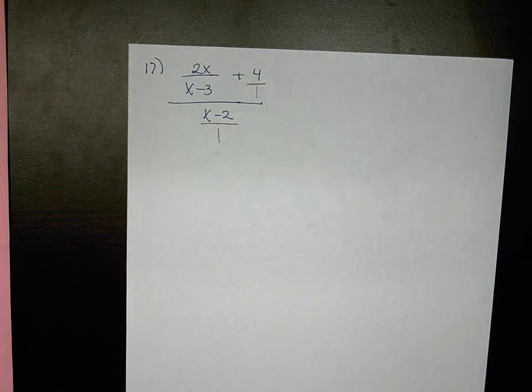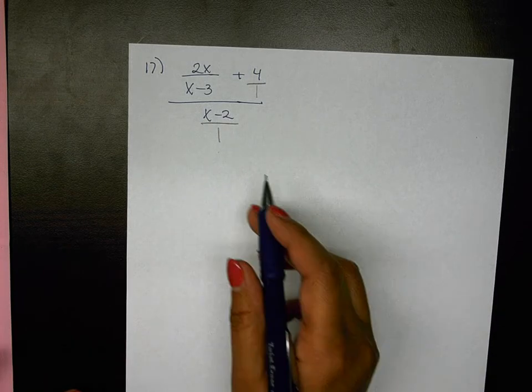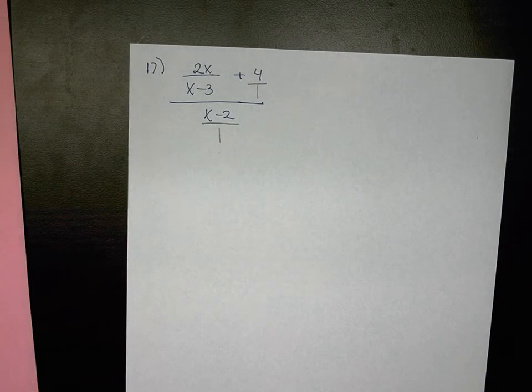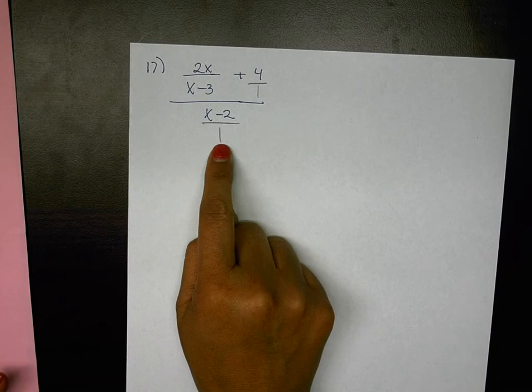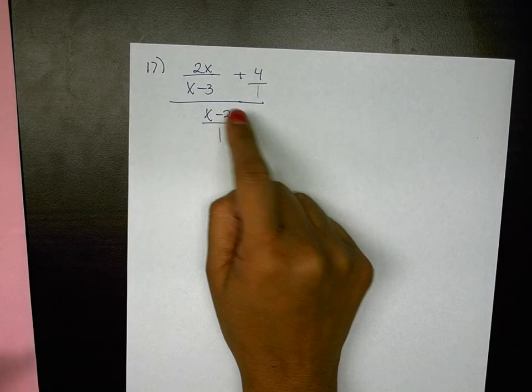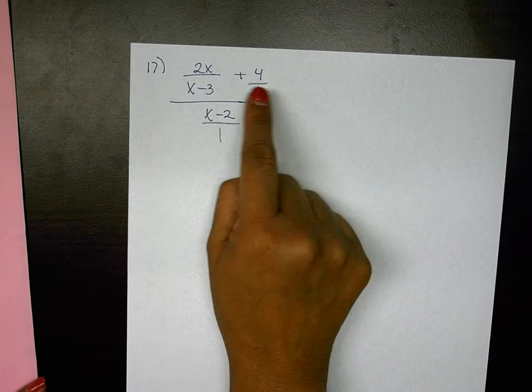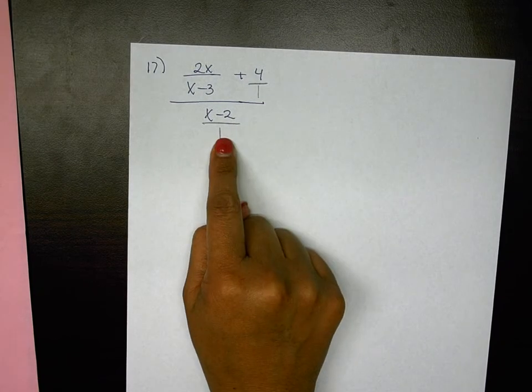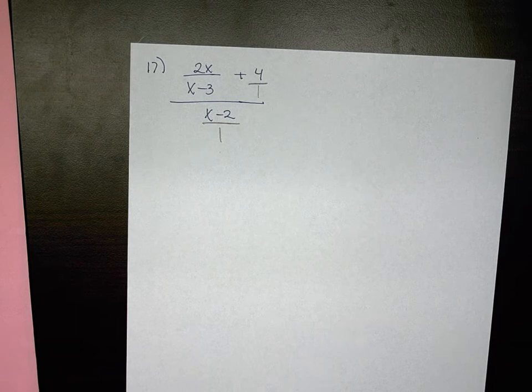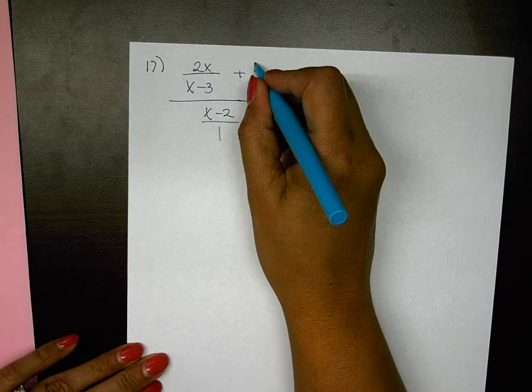That's incorrect because x minus 2 is supposed to be x minus 2 over 1. 1 is the denominator, x minus 2 is the numerator of that fraction. So x minus 3 is a denominator, 1's a denominator, 1's a denominator. So your only common denominator is x minus 3.